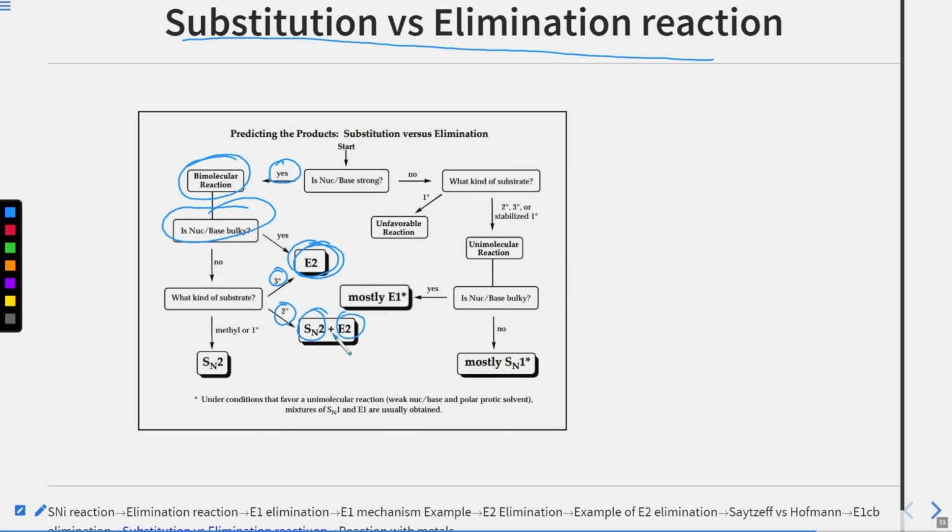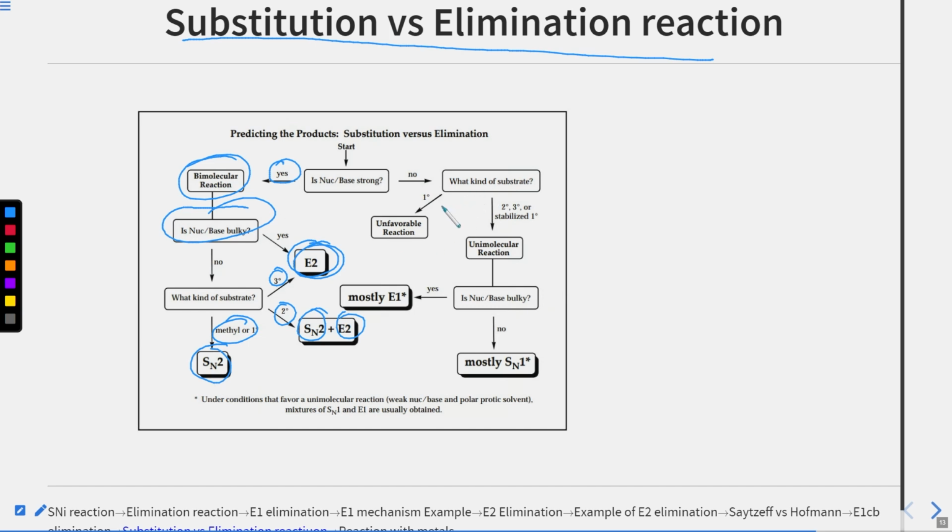So strong will give bimolecular, bulky strong will give E2 elimination, and a bulky substrate in the absence of a bulky reagent will give E2 elimination like 3 degree, and the 2 degree will give both SN2 and E2. Now if your substrate is 1 degree or methyl, then it will give a simple SN2 reaction.